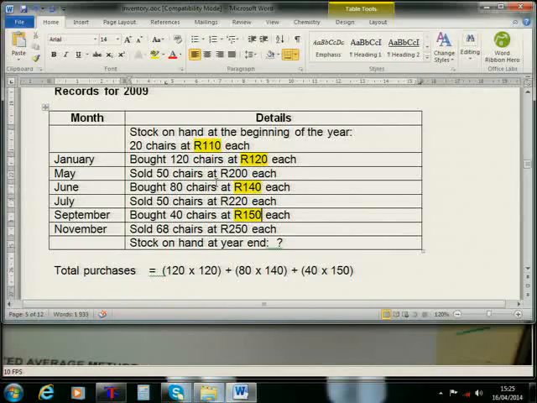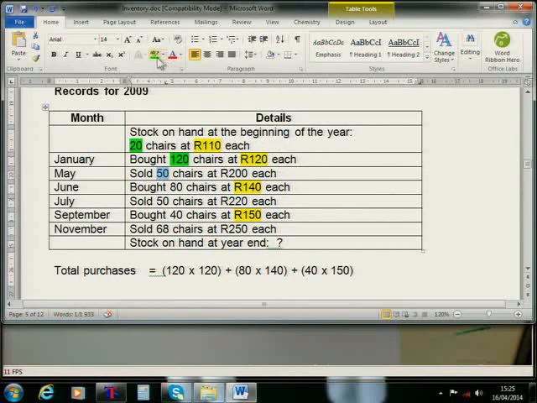So what you're going to do is the following. You're going to say, and now you only work with this, 20 chairs plus 120. On your calculator quickly.